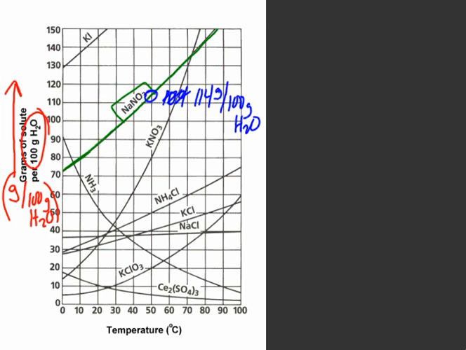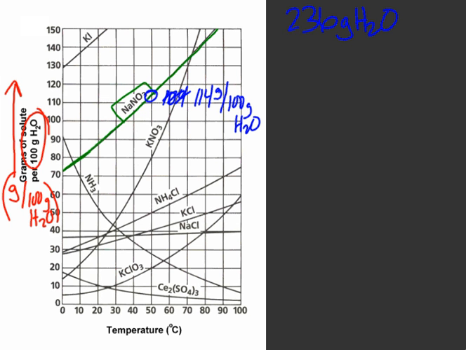So my question is, what if I had 236 grams of water? How much salt would I need to make a saturated solution? Okay, so 236 grams of water. That's how much I have.